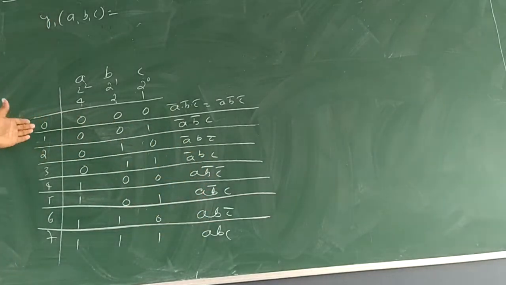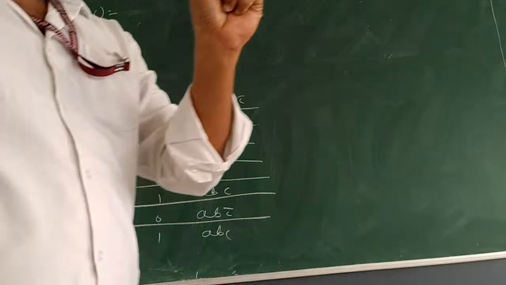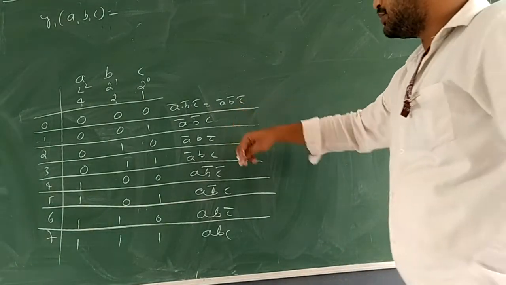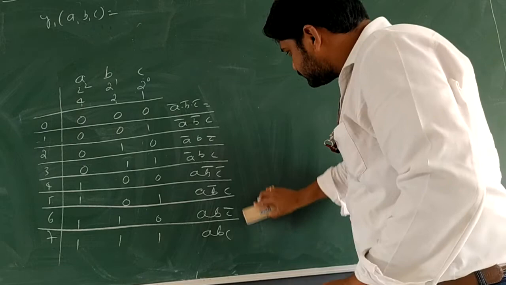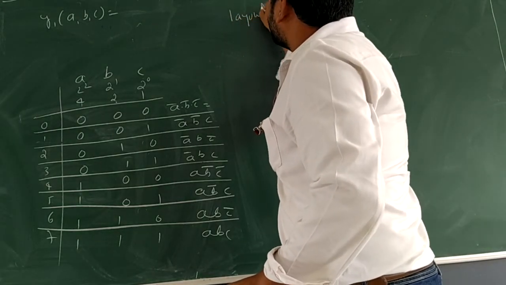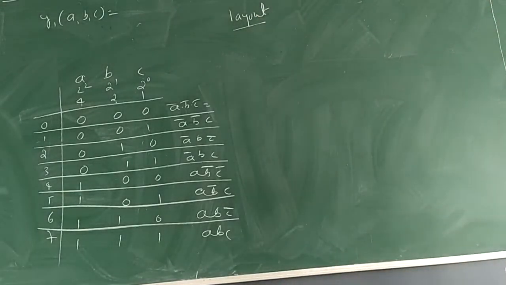For the corresponding ones, what I have to write in a small box, for that reason I have taken this table of representation. Now we are going to write the layout of the three variable K map.